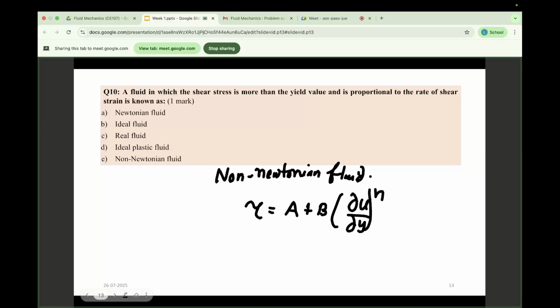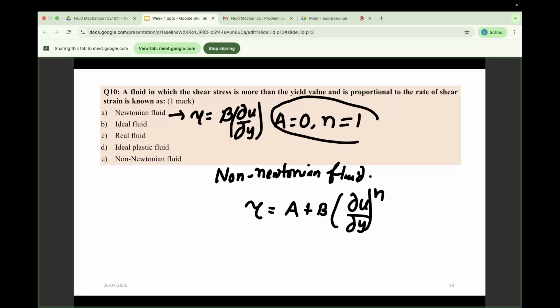into dou u by dou y, right? So in case of a Newtonian fluid, tau equal to mu into dou u by dou y, that means A should be 0 and the power should be 1.